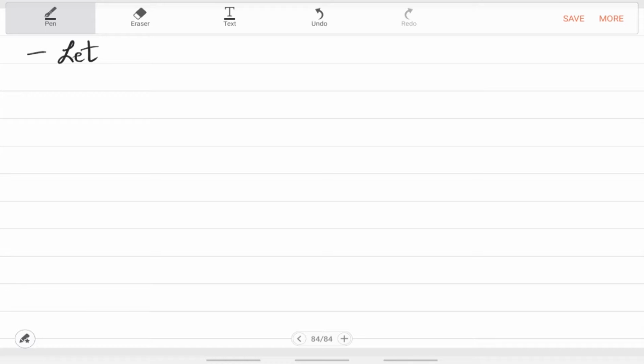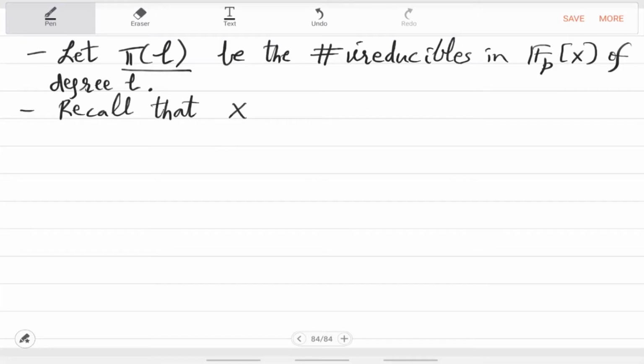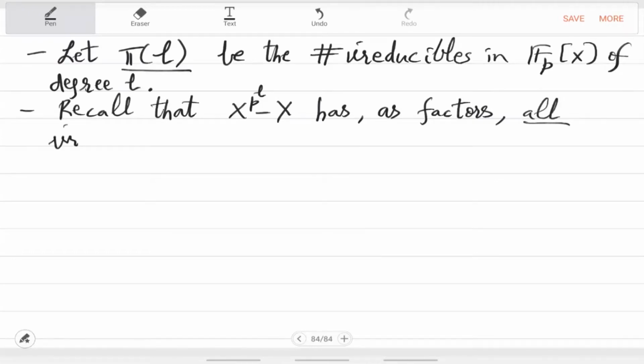Again, let pi L be the number of irreducible polynomials in Fp[x] of degree L. Now recall that x raised to p raised to L minus x has as factors all irreducibles of degree dividing L, right?